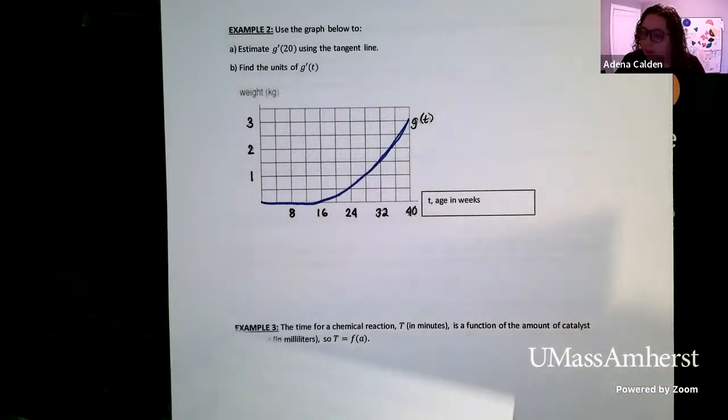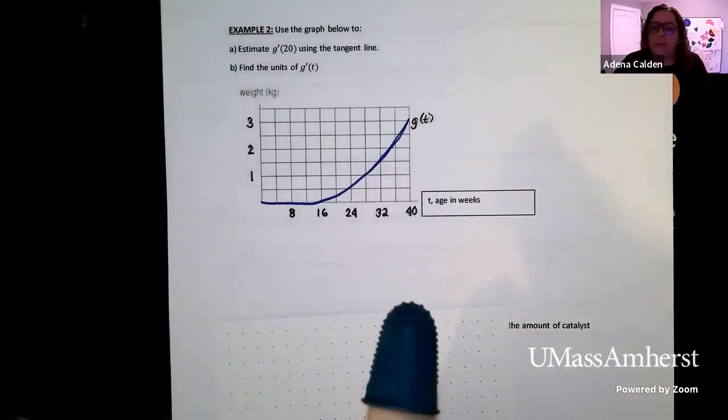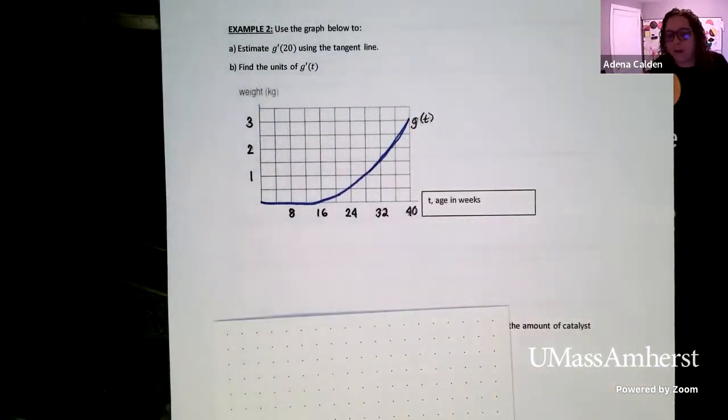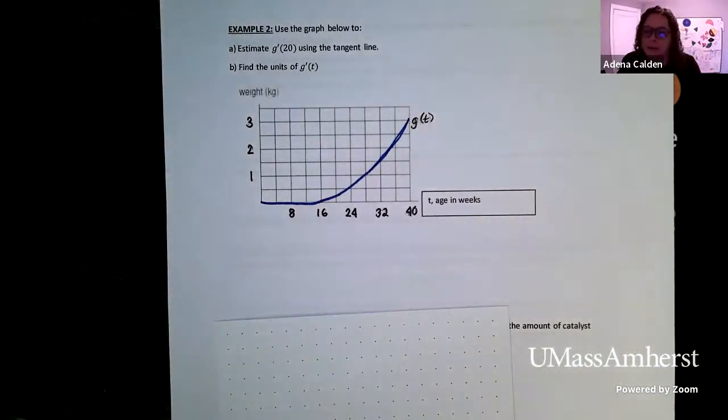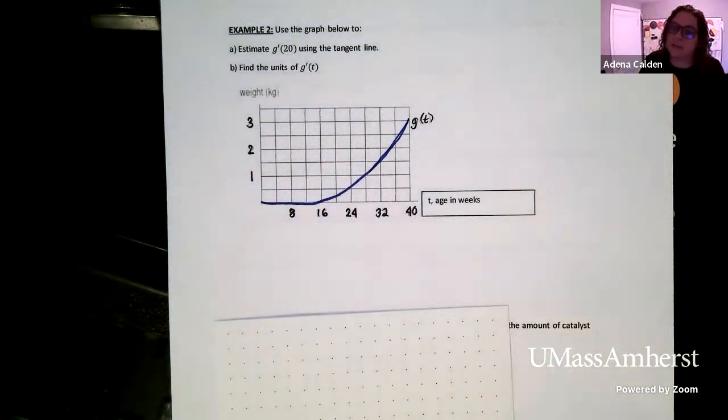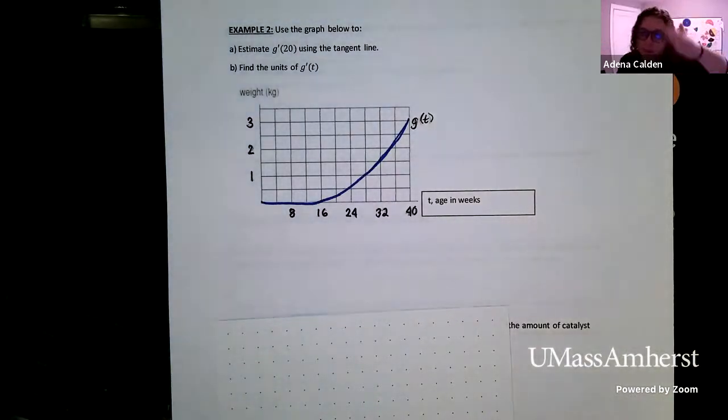I want you to try it out. I want you to take 2 minutes, think about how you would draw in the tangent line, what some points it may cross through, and then try to approximate the slope of that line to the best of your ability. At the very least, you should be able to identify if the slope of that line is going to be positive, negative, or 0 based on what it would look like.